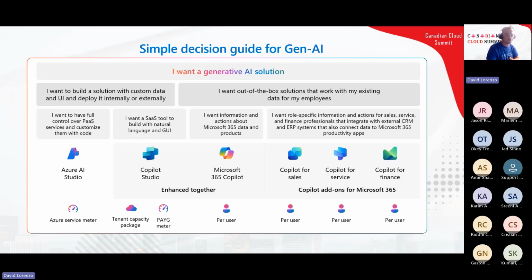As you can see on the screen, we have a lot of products in the Microsoft environment. Starting from left to right, we have Azure AI Studio, Azure AI Foundry is the latest name now, where we can build our custom solutions.